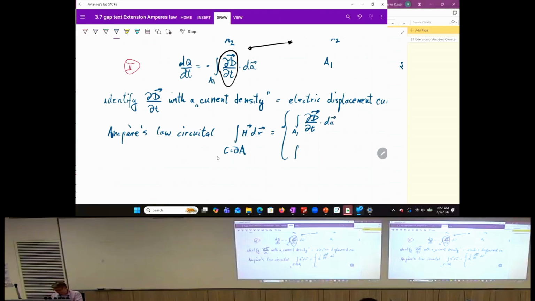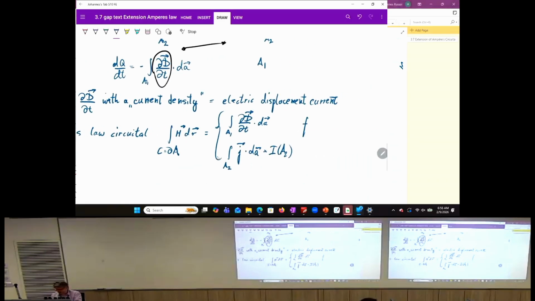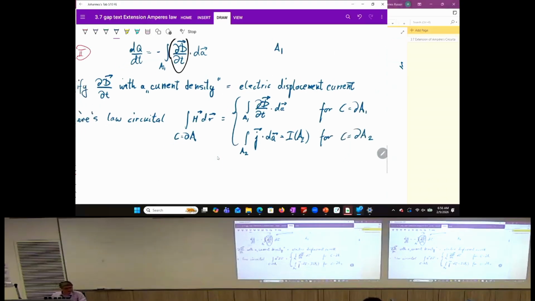And for the second area, we would give the integral over the current density over the area. So that here would be for the case when the closed contour is for the area A1, and this here would be for the area A2.